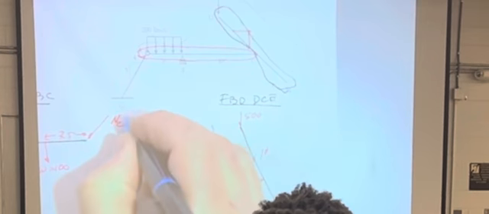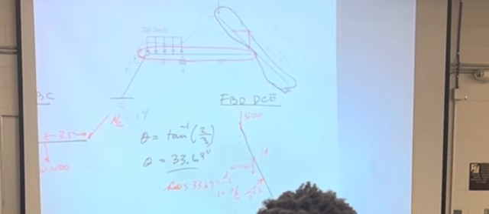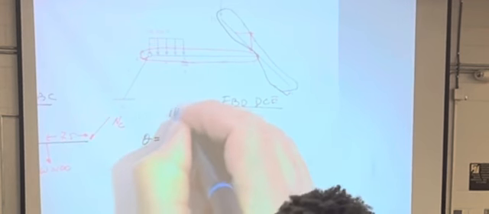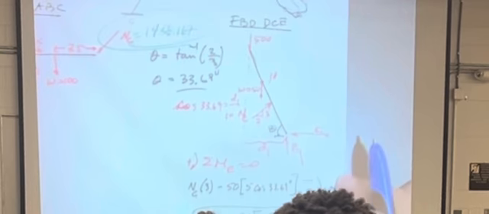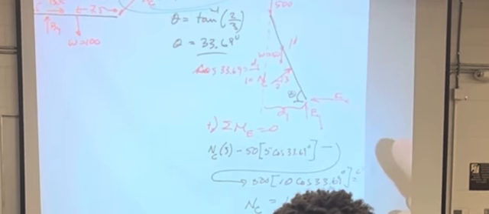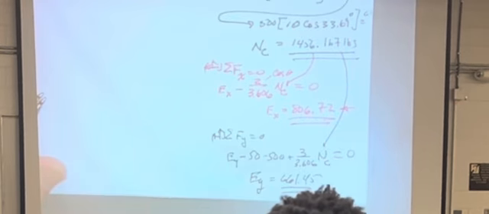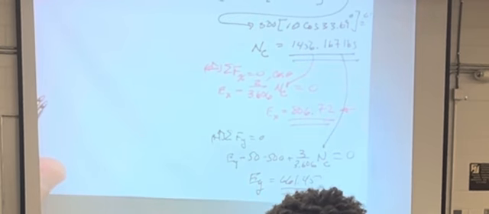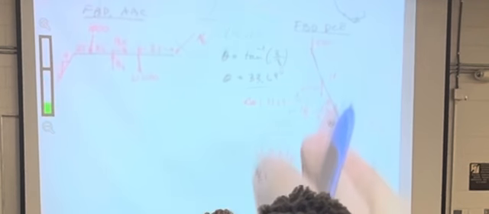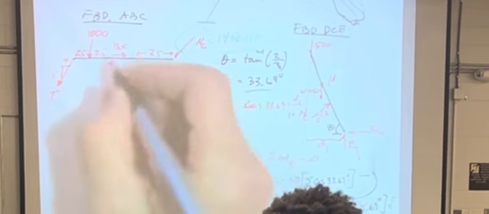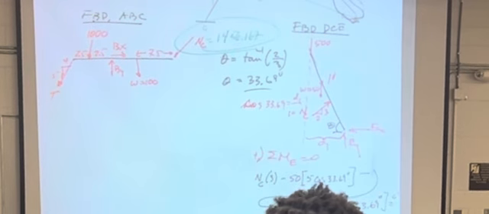So I would take it over here and say this is 1456.167. So I'm bringing that over to this side. Everybody good here? All right, now I have 1, 2, 3 unknowns solved.